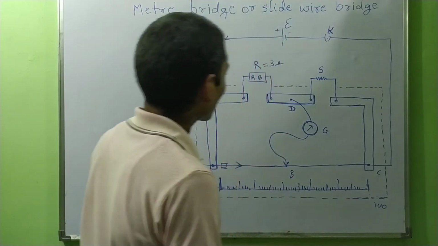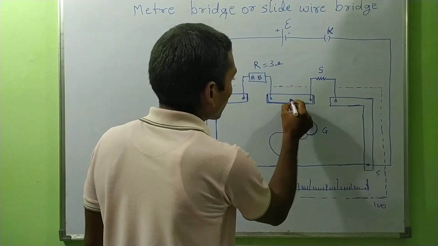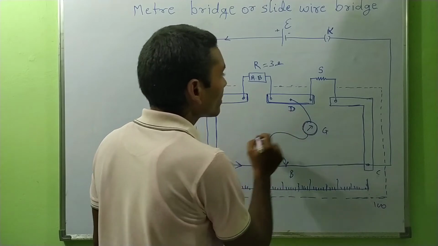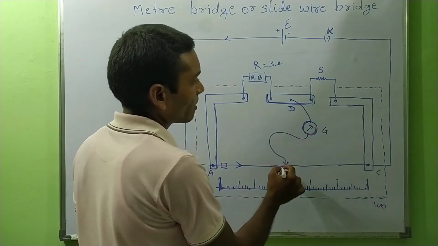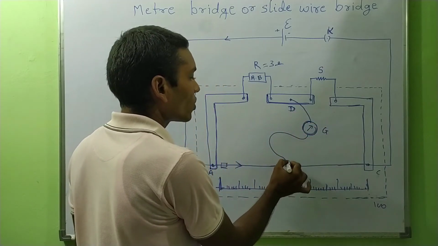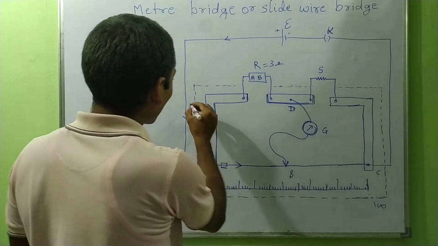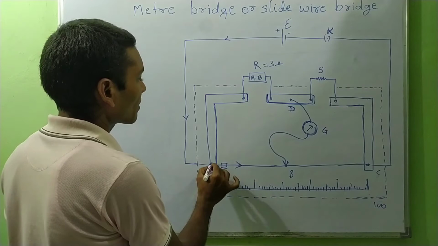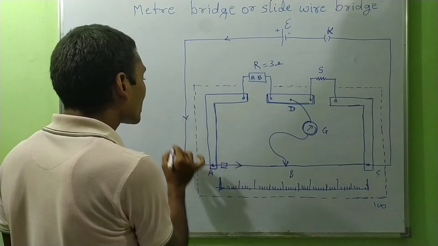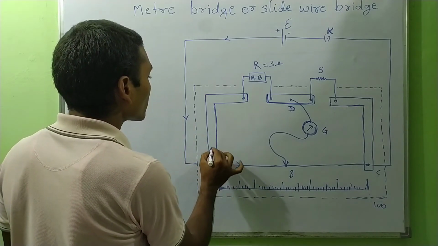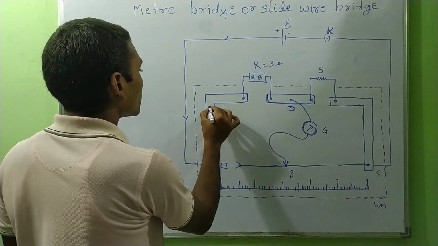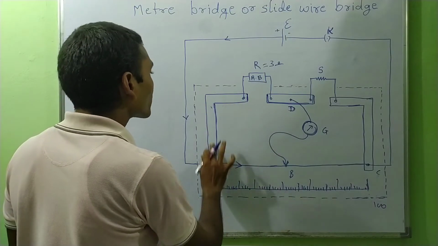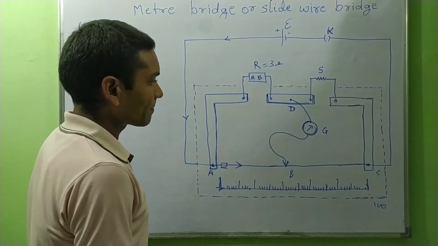Okay. Now from this point D, a galvanometer is connected, and with the galvanometer the jockey is connected. When current is made to flow through this wire, then some of the total current will be flowing through the strips. Okay.